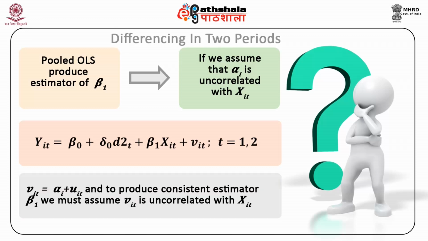In this case, v_it = alpha_i + u_it and is called the composite error. And we must assume that v_it is uncorrelated with x_it in the two periods case for OLS to produce a consistent estimator of beta_1 and other parameters. This will hold true whether we use a single cross section or pool the two cross sections.